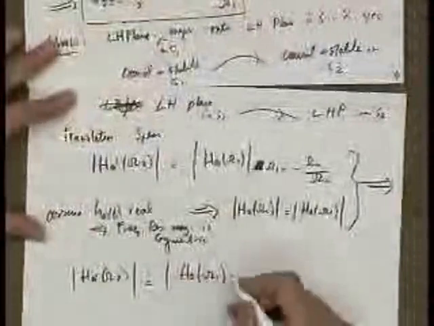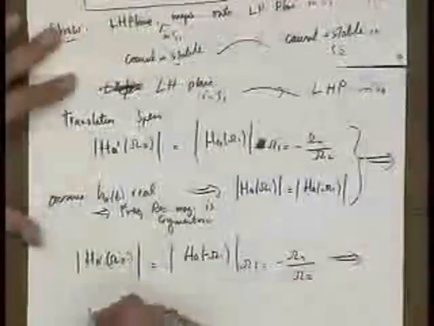And so combining these two things together, I can just say that the magnitude of h sub a prime of omega 2 is equal to the magnitude of h sub a of minus omega 1. I'm going to replace h sub a of omega 1 with h sub a of minus omega 1 because they're equal to each other, evaluated at omega 1 equals minus omega u over omega 2.